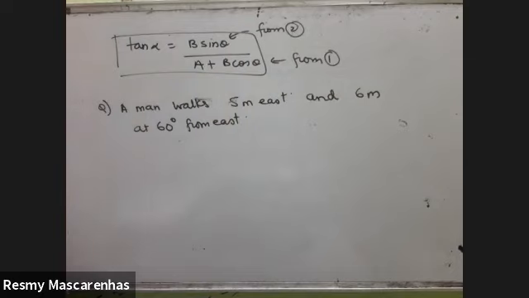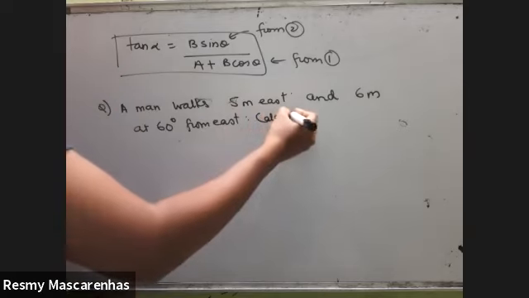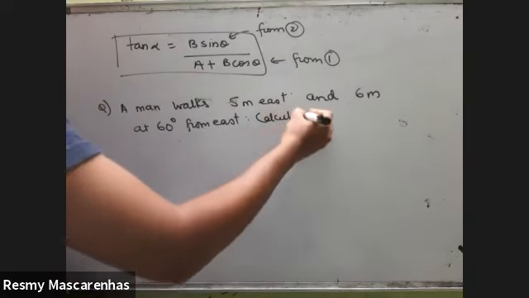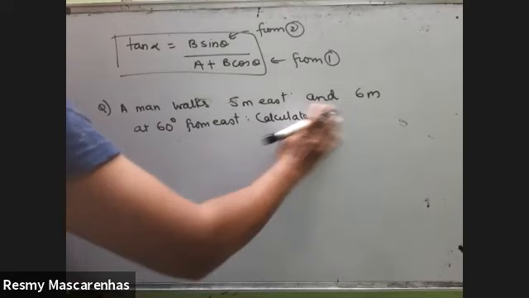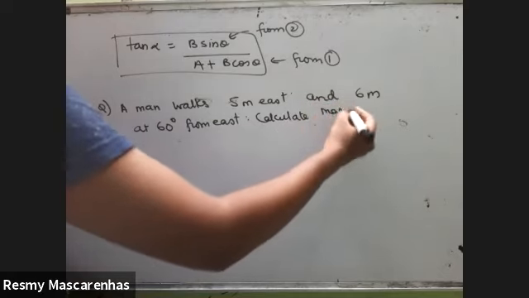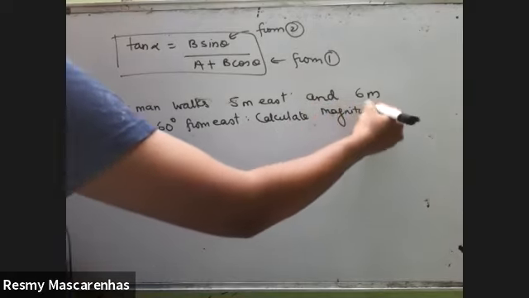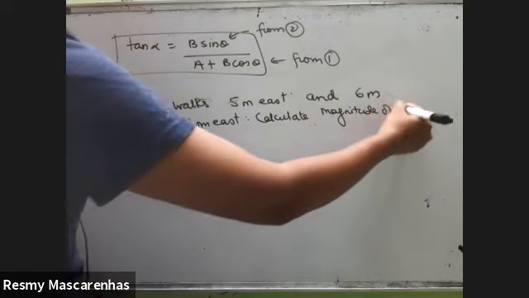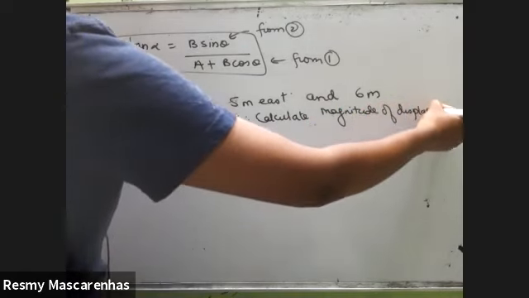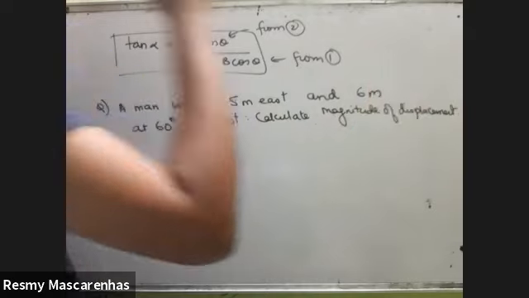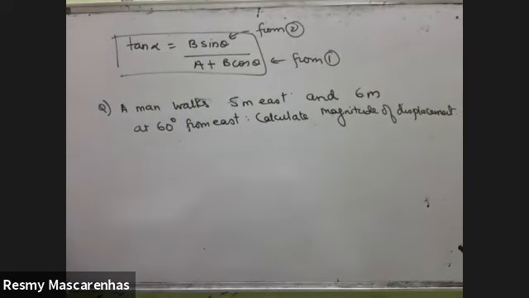So from there on, then he goes at 60 degrees from east. Calculate the magnitude of the resultant, or the magnitude of the displacement. Only the magnitude part, we don't want the angle part, okay?